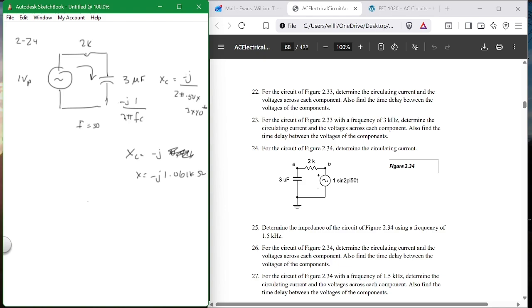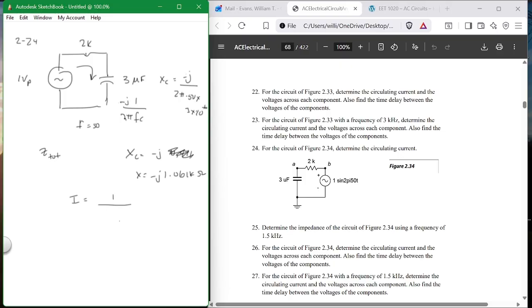So what is I? If this was an R and this was an R, what would it be? I is equal to V1 divided by the sum total of the R total, right? R total now is what? Instead of R total, it's Z total, okay?